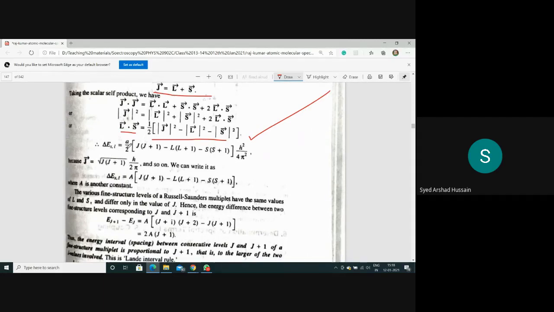Similarly, energy also depends on L dot S, with some constants. There are some fine structure constants, so simply it is written as A times L dot S. Then the terms are J into J plus 1, L into L plus 1, S into S plus 1.